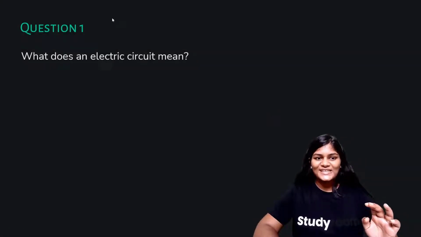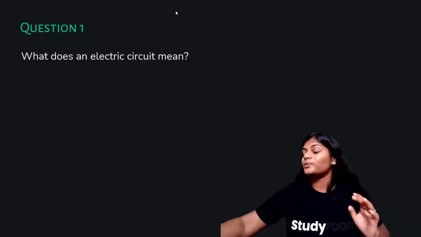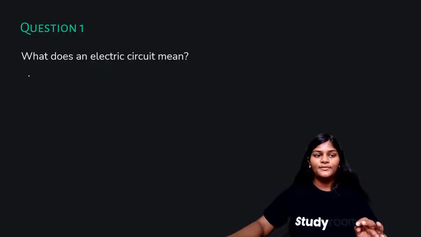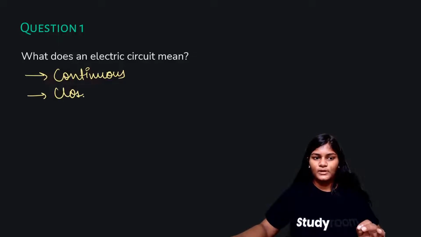So the next question says, what does an electric circuit mean? So we've studied that the electric circuit is, what were the two important words here when defining an electric circuit? Continuous and closed. Right?